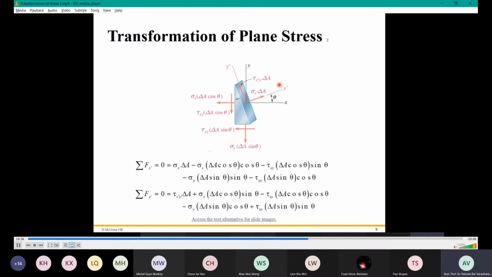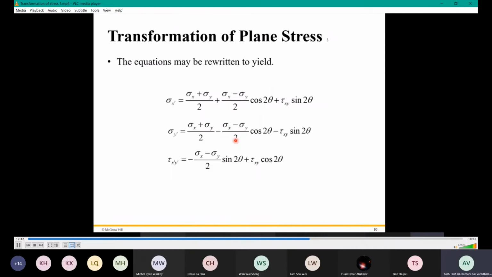If there is a change, automatically the values of stress on the member will change and can be found by using these equations. There are two types of normal stresses on the plane. For example, if you take x and y only, you will have these two normal stresses, and then on the plane between x and y, you will have one shear. The values of this shear and normal stresses can be obtained by using this equation and properly substituting the theta value.